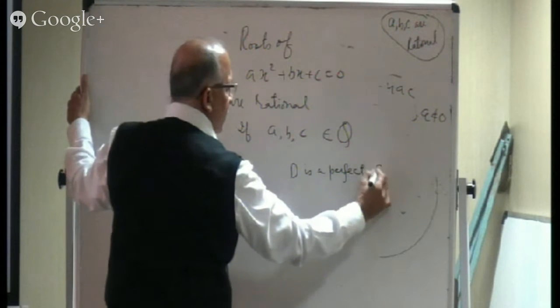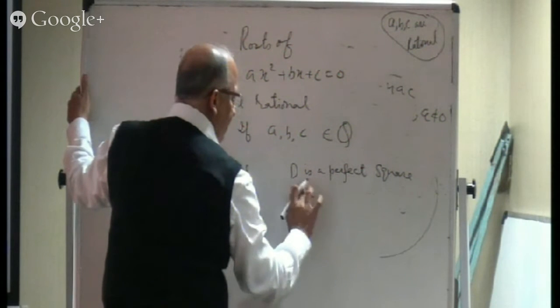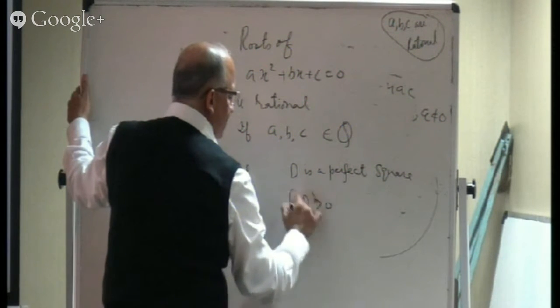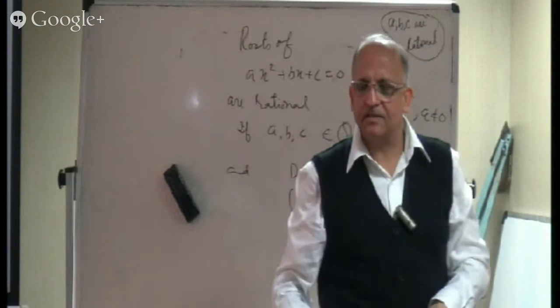When I say it's a perfect square, it automatically means that D is greater than 0. A perfect square can never be negative. So writing greater than 0 is not required.